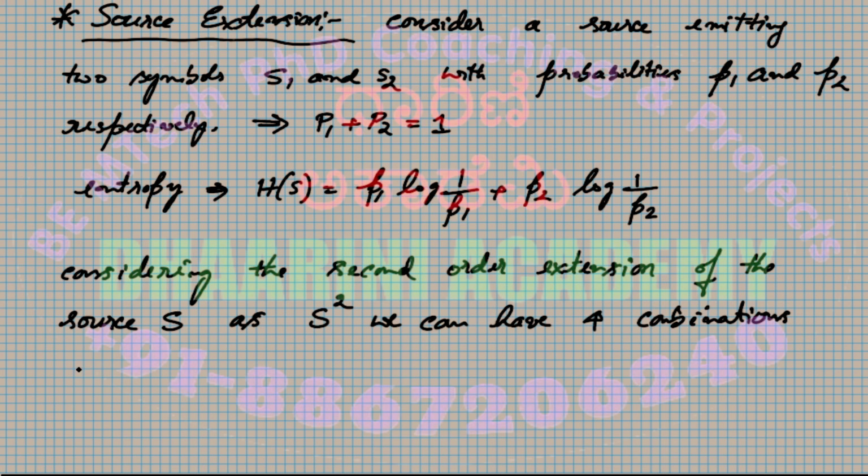What are the combinations? S1 S1, S1 S2, S2 S1, and S2 S2. So these are the four different cases.